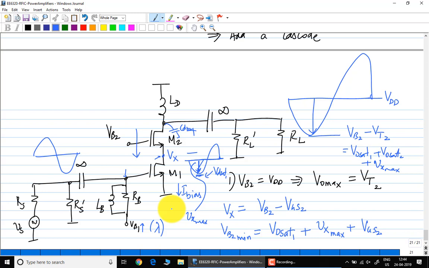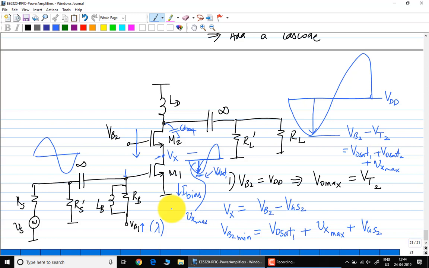Now both gallium arsenide and gallium nitride devices are built such that they have much higher electron mobilities, for example. What is the electron mobility of an NMOS in the technology you guys are using? 240, 300. Those are the kind of mobilities you would have seen, centimeter squared per volt-second, right?